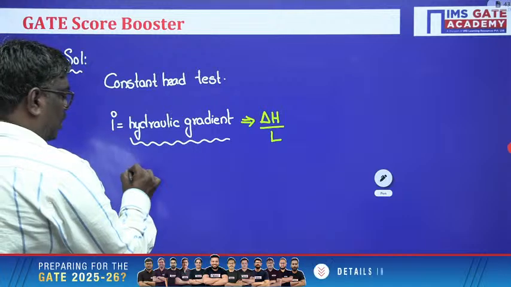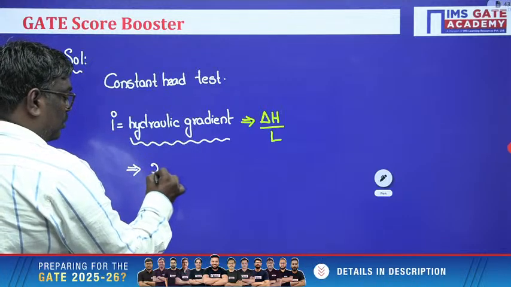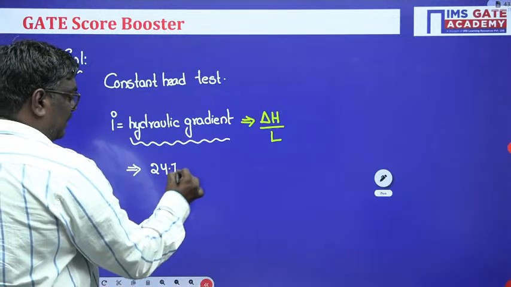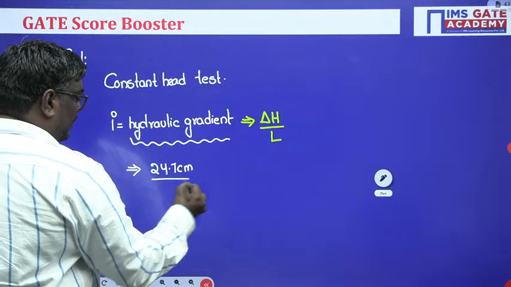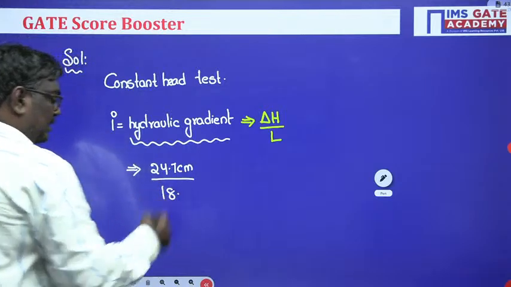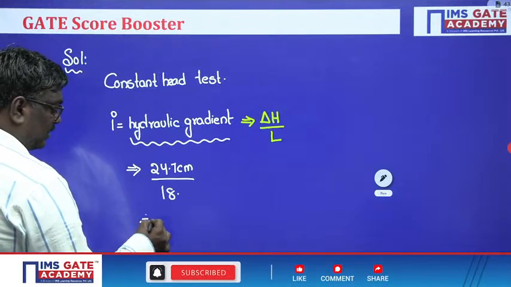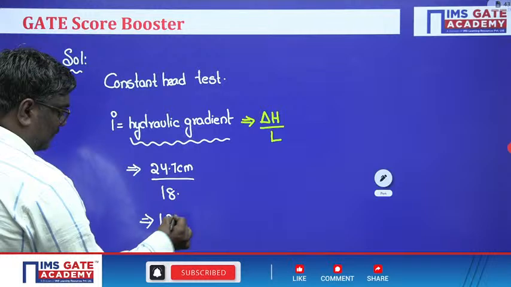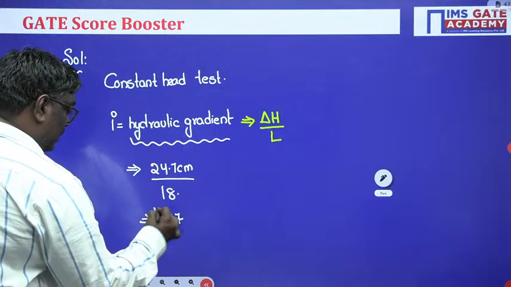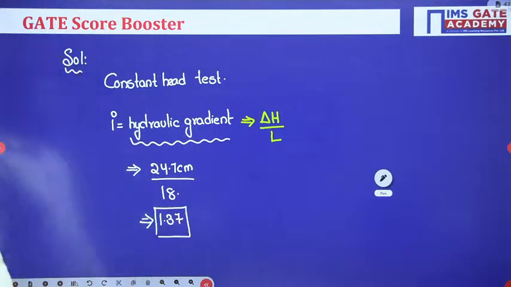So here the loss of head is given as 24.7 centimeters divided by the length, which is 18. Okay. So hydraulic gradient is 1.37.